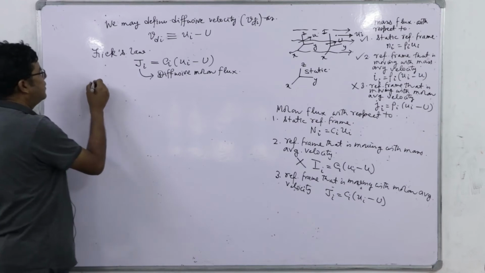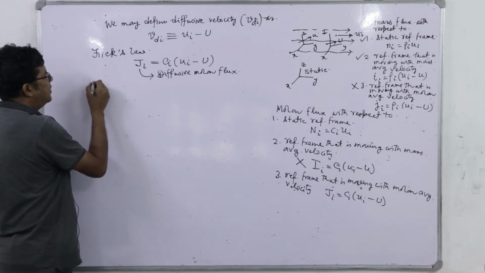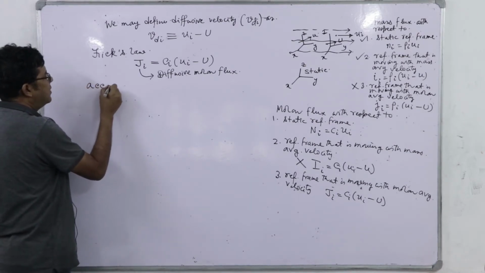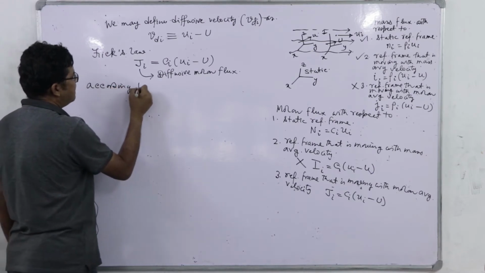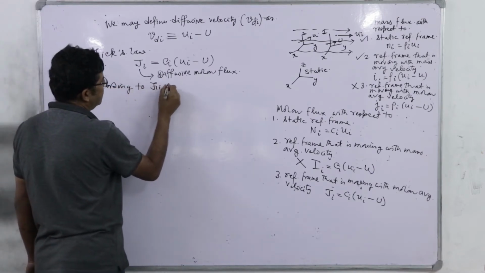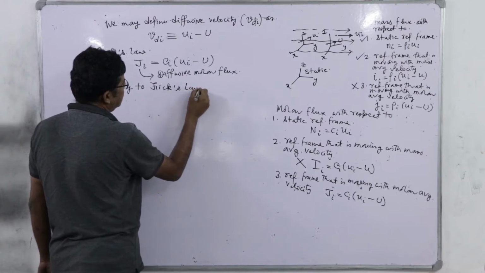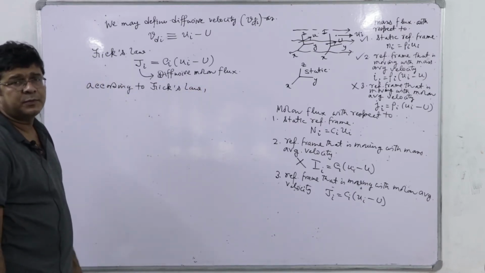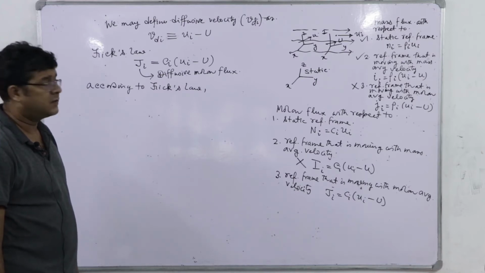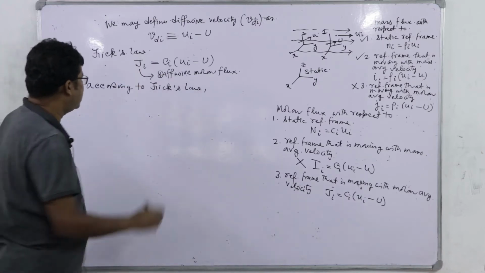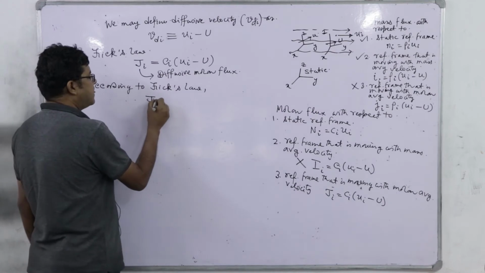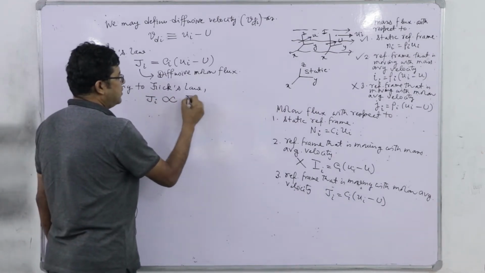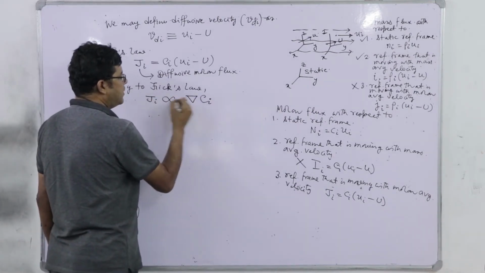And according to Fick's law, this diffusive molar flux is proportional to the respective concentration gradient. So, Ji is proportional to grad of Ci with a minus sign.